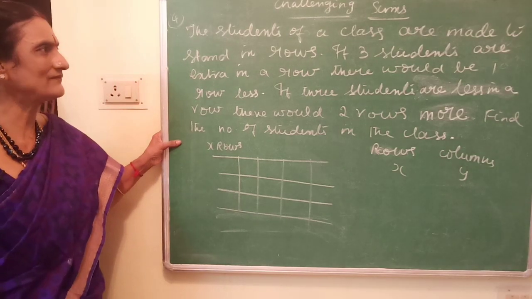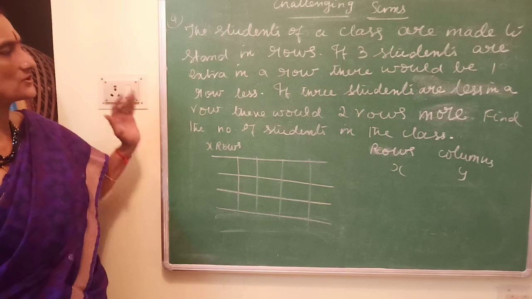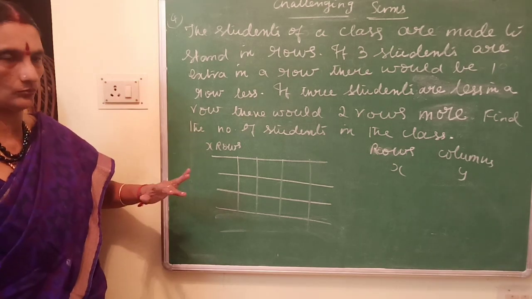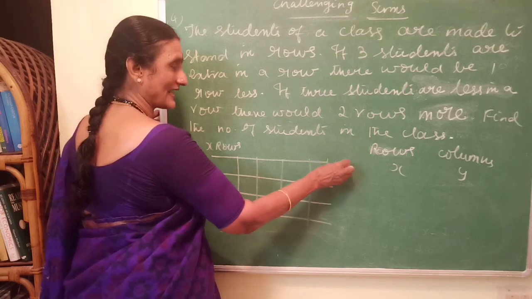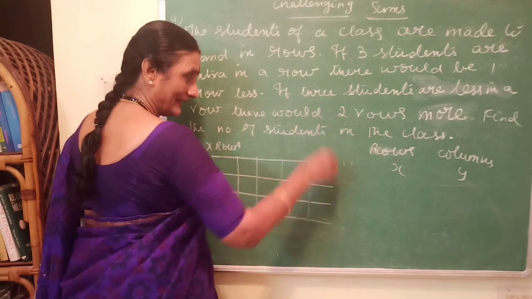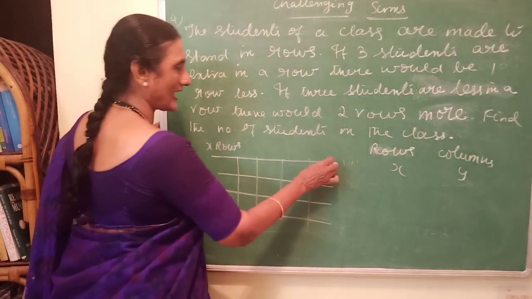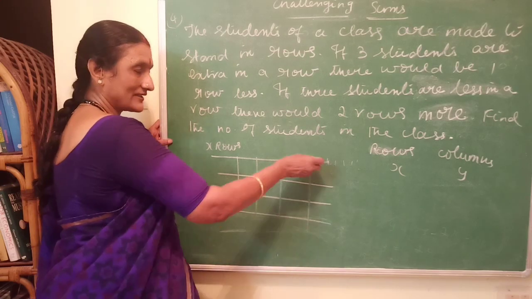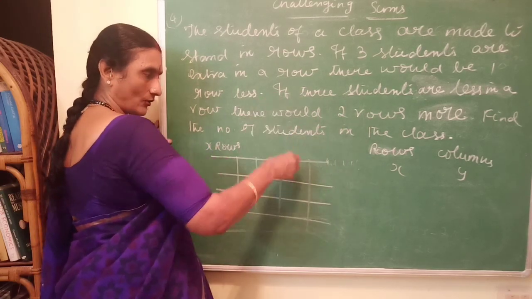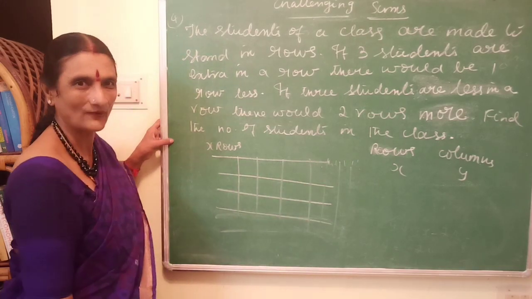Are you understanding? Now, what is the first situation? If 3 students are extra in a row, what will happen? The rows will reduce, whereas the columns will become more. We are just adding more children in a row, which means there will be more columns. Yes or no?